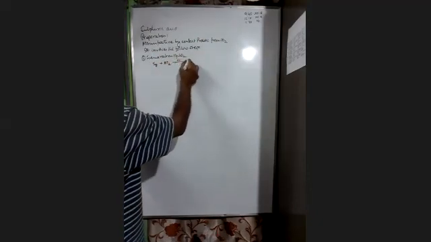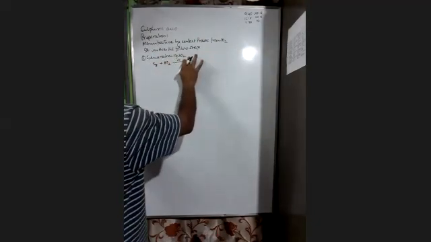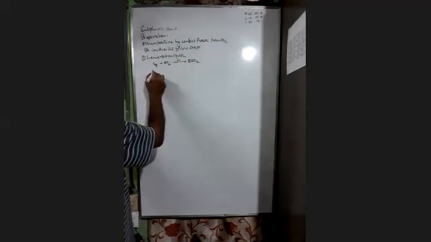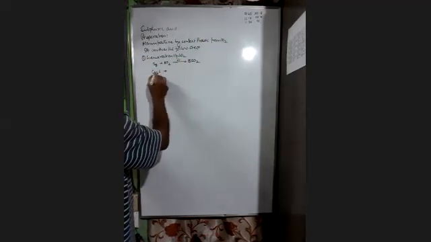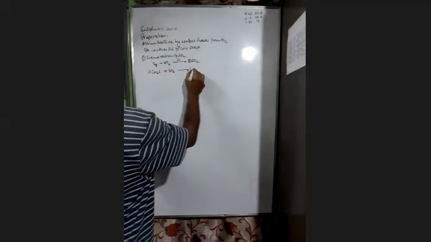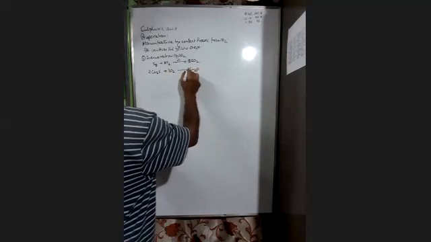If you burn it, you get sulfur dioxide. Or by roasting of sulfides. Suppose you have taken copper pyrite, you get here now Cu2O.